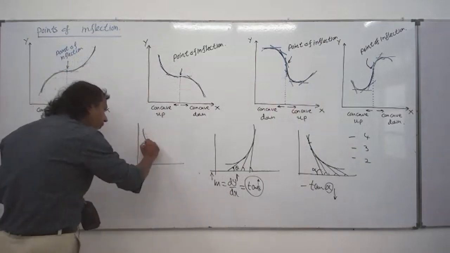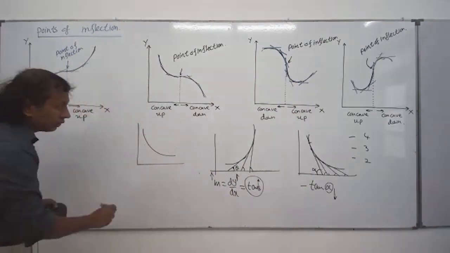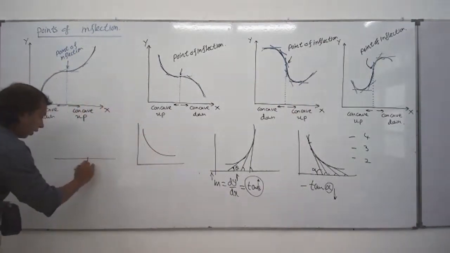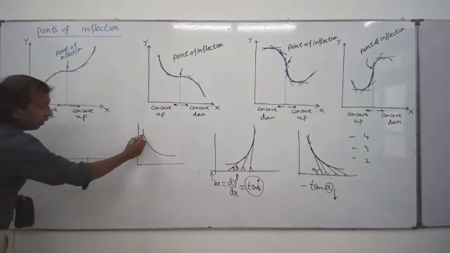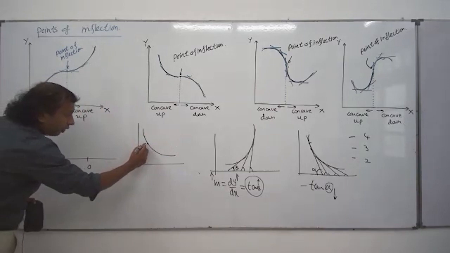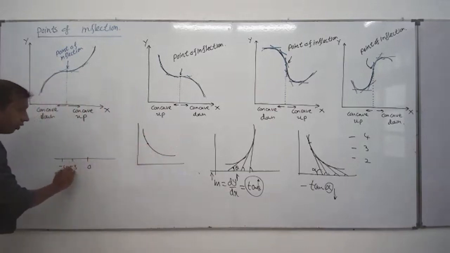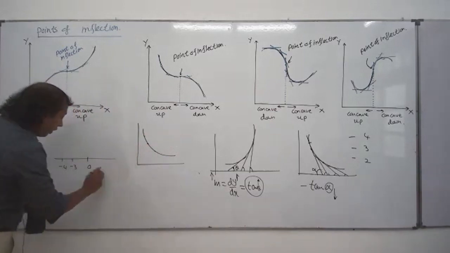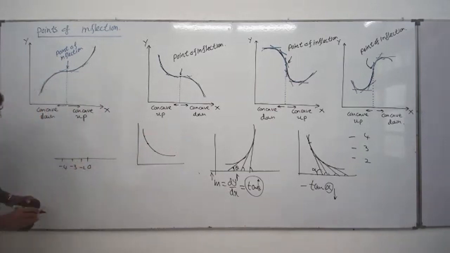Here, this is the number line, 0. Somewhere here, gradient 4. When you go to the right, somewhere here, gradient minus 3, somewhere here, gradient minus 2. What happens, people?